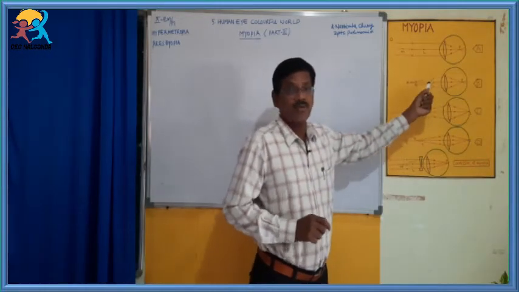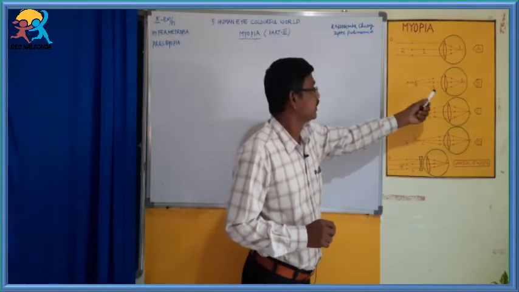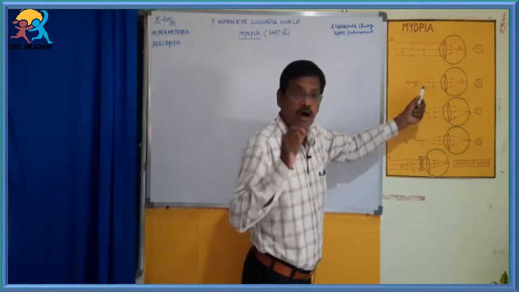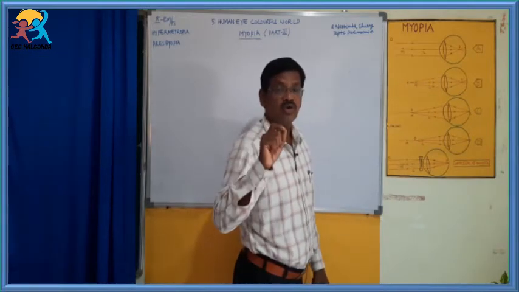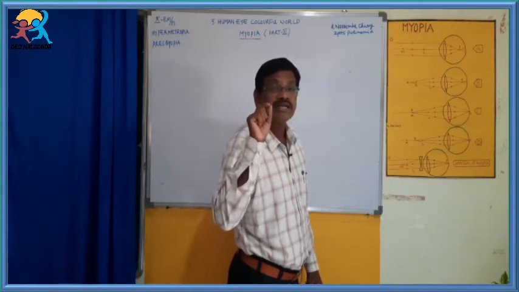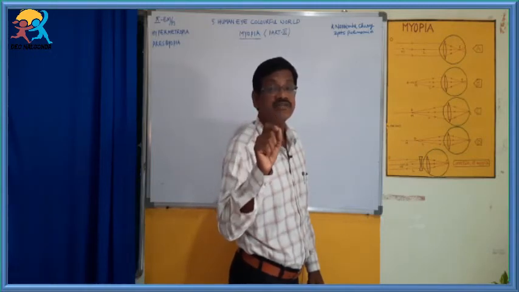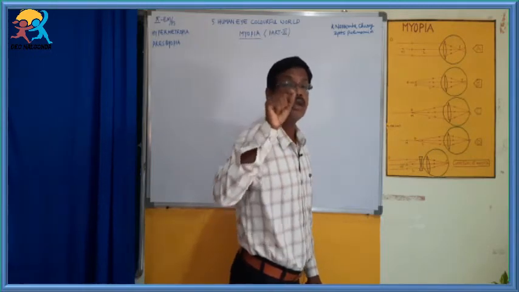So we further discuss these two conditions once again, that people suffering from myopia can see objects at the least distance of distinct vision and up to a point.